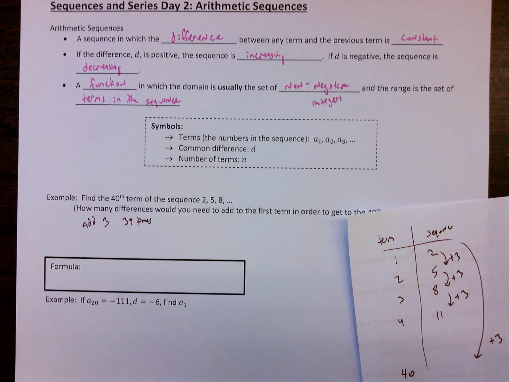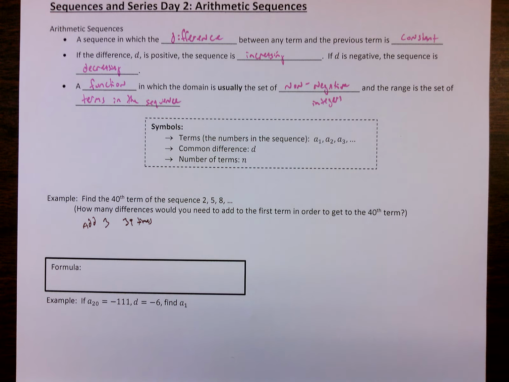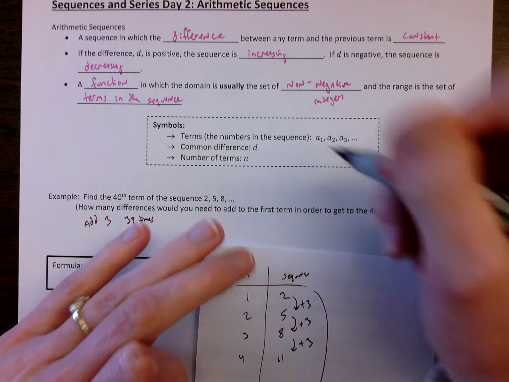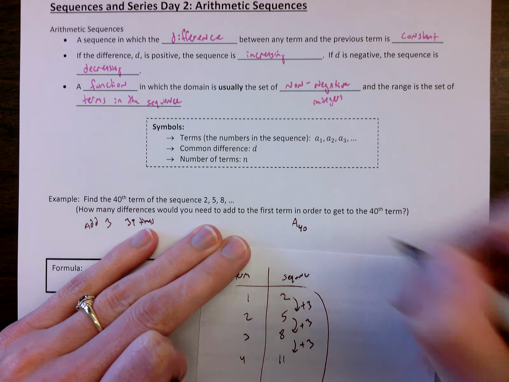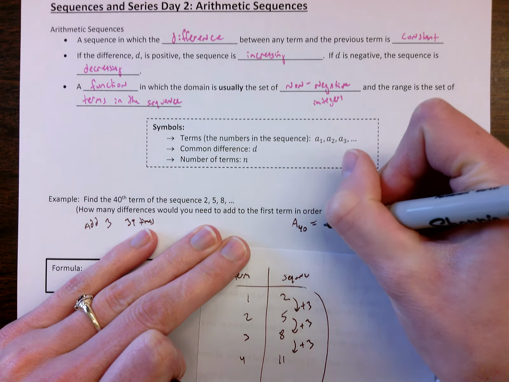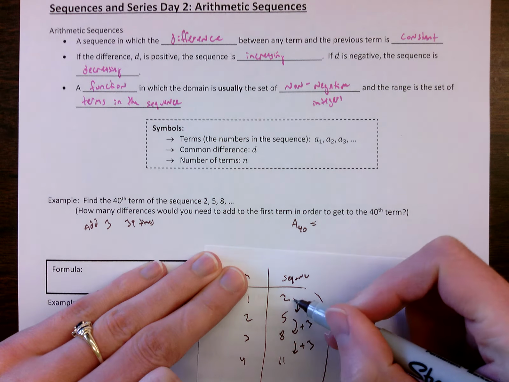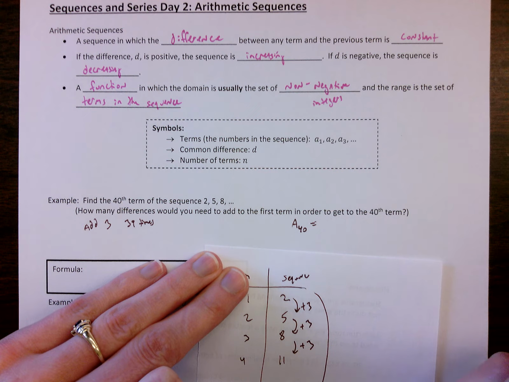Okay, now that's the basic outline of what we're looking at here. So we're going to use that to build a formula. The idea of what I just said is that to figure out the 40th term, we started with the first term, 2, and we add 3, 39 times.